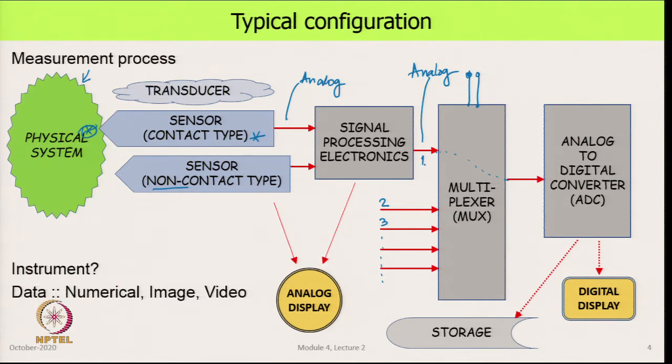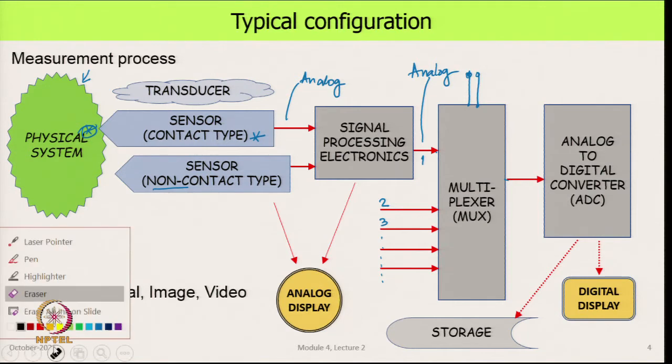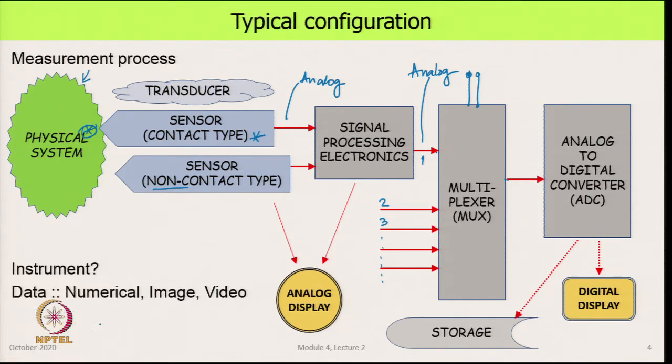Then we can switch it off. So, this one is now gone, and we then switch and connect the second one to it. So, now this signal is going out. So, now you are getting the reading of the second instrument.